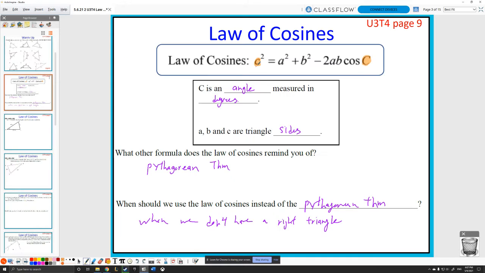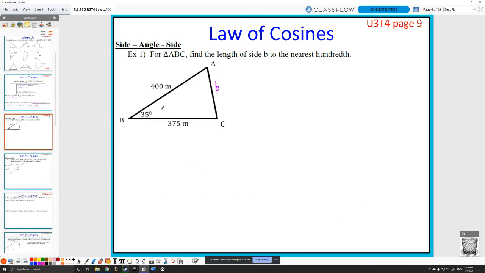Remember that even though it's c squared equals a squared plus b squared minus 2ab cosine c, this just means that this side and this angle should be the matching pair. So in this case, I'm going to write it out as b squared is equal to a squared plus c squared minus 2ac cosine of the angle b. That way, if I take the square root of everything, I will be able to solve for b.